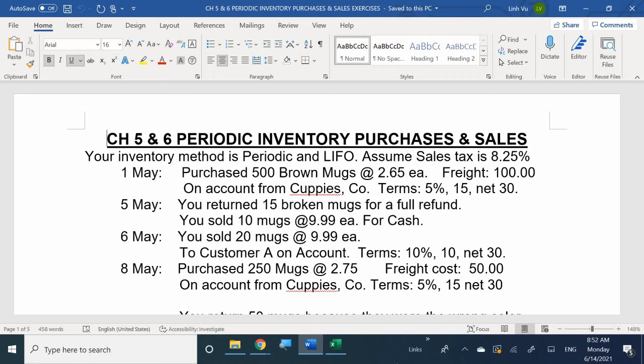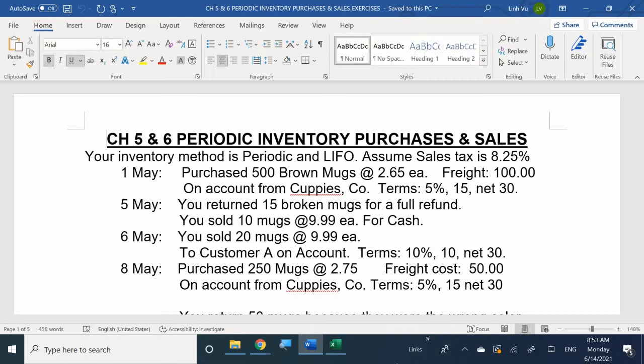There's no question, but the little thing that you need to know is that your inventory method is periodic and it's LIFO, okay? Assume that sales tax is 8.25%. So there we have it. So LIFO, all right, adds 8.25% sales tax.